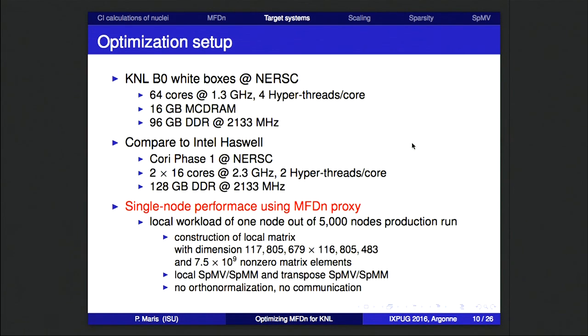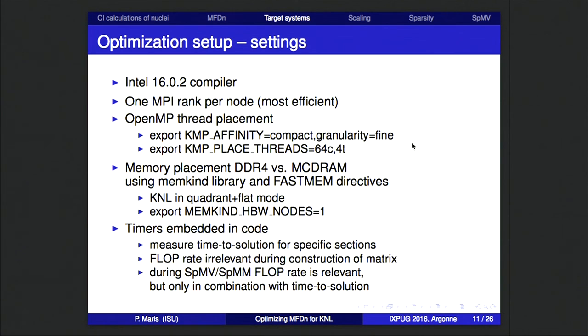And what I do is construct a matrix and then do a number of SpMVs or SpMMs on that matrix. It does not have the additional steps in a diagonalization program like orthonormalization, communication to synchronize, etc. I'm using the Intel 16 compiler, I think. Most of the results are 1 MPI rank per node because that seems to be most efficient for us.